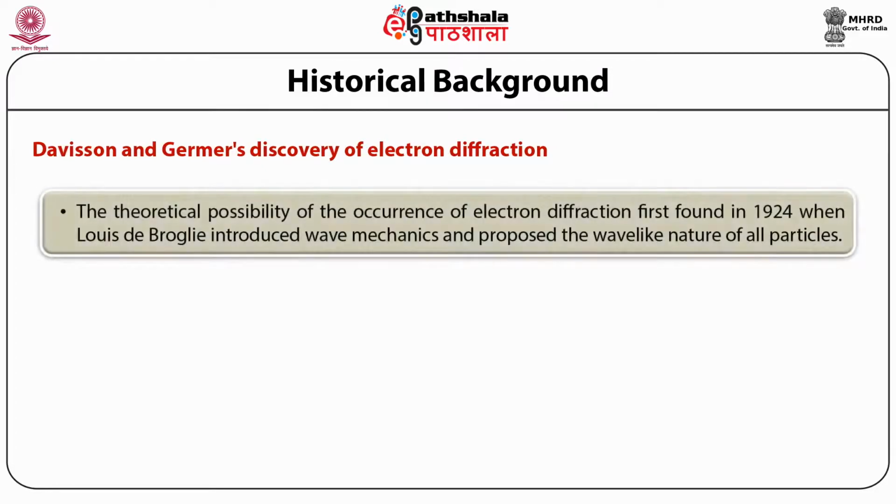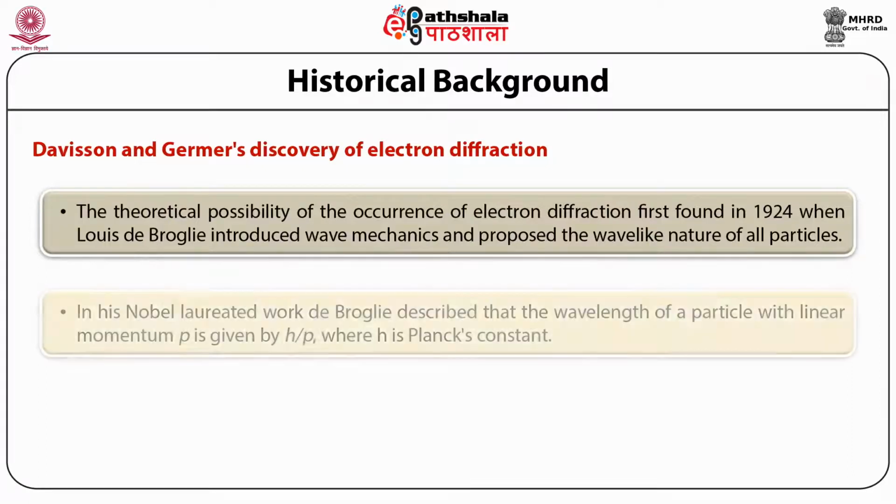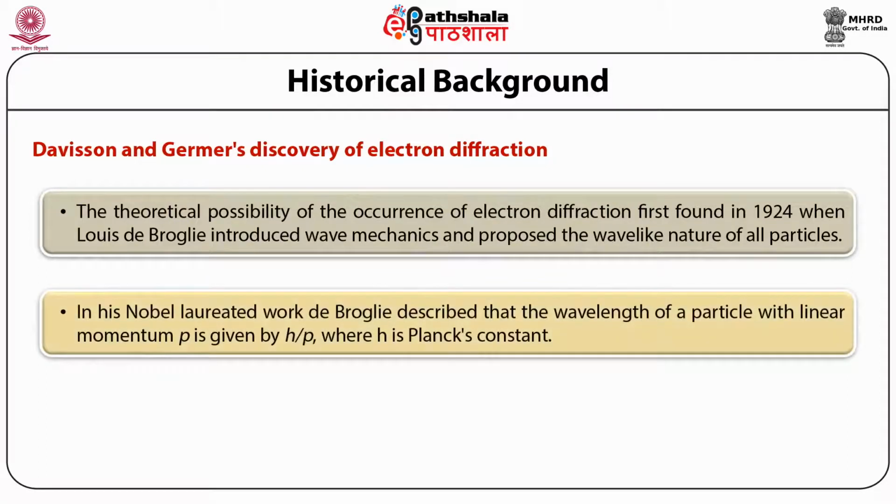The theoretical possibility of the occurrence of electron diffraction was first noted in 1924 when Louis de Broglie introduced wave mechanics and proposed the wave-like nature of all particles. In his Nobel laureated work, de Broglie described that the wavelength of a particle with linear momentum p is given by h by p, where h is Planck's constant.